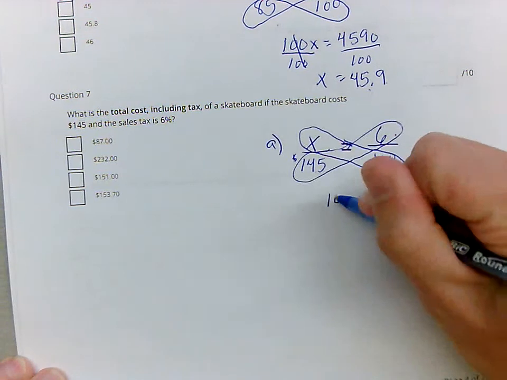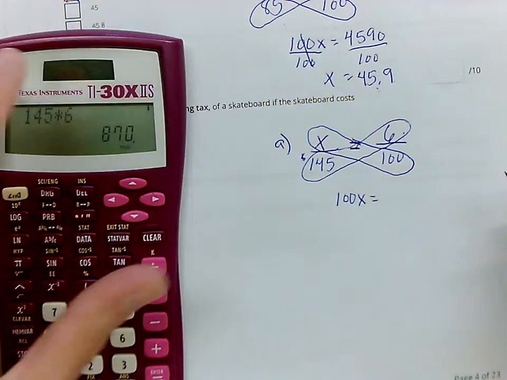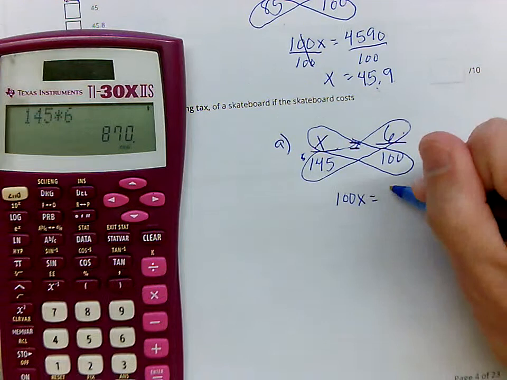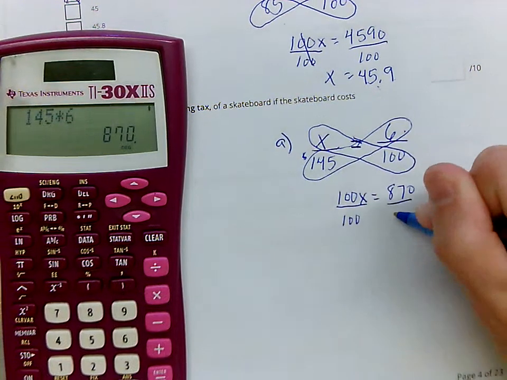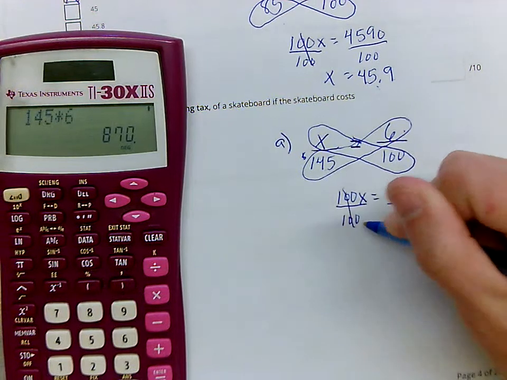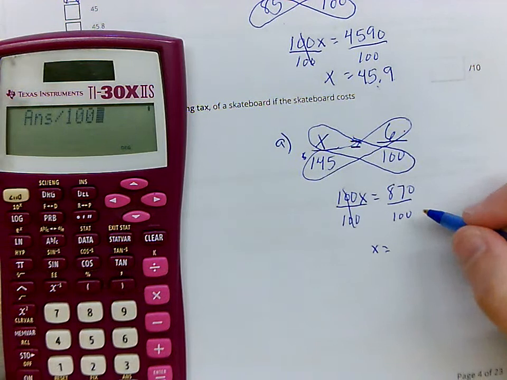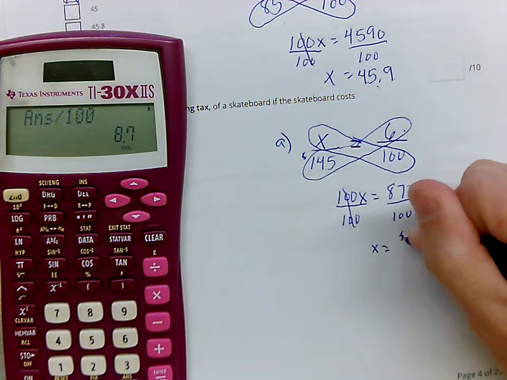So 100 times x, and then 145 times 6. So if you do that, you get 870. And last step, divide by 100. So x equals, dividing that by 100 moves the decimal 2 places to the left, and so you get 8.7.